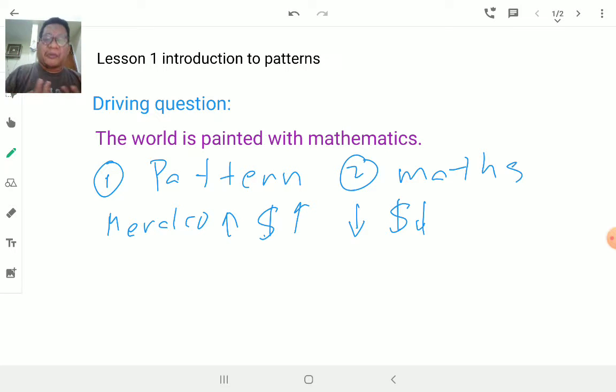When you dress up, the choice of color of your clothes follows a pattern sometimes. That's why you have some favorites. And when you go outside the house, you can see plants, flowers, bees, animals. All of this contains patterns.